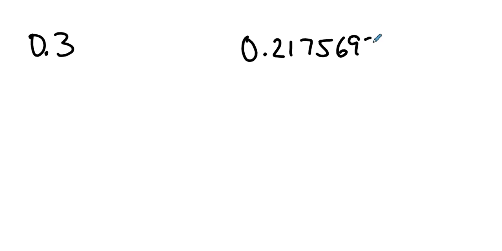This is true even if one of the numbers does not look like it's very much, and the other number looks like it is a lot. This is 3/10. This is 21,756,938 hundred-millionths. But I still argue that this is bigger. Why?